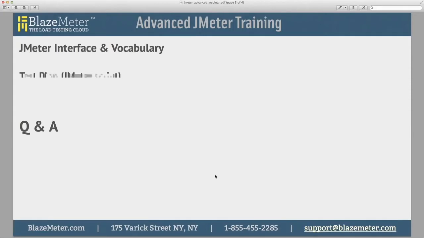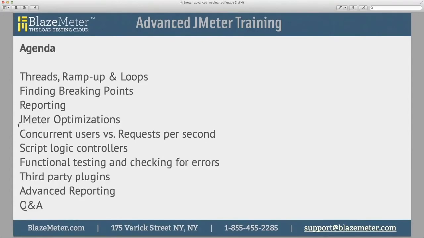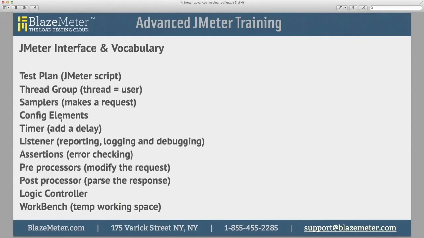This is a vocabulary that we're going to be using. A thread group, where basically you create users, samplers, config elements, a timer, adding a delay, a listener in terms of reporting, logging, assertions, error checking, pre and post processors, logic controller, and the workbench.